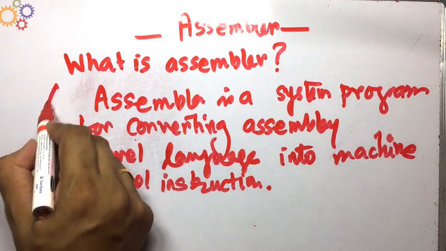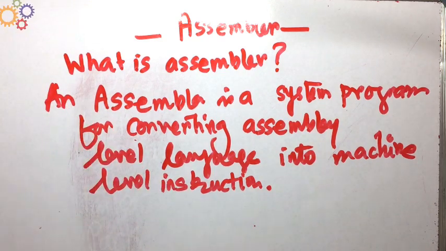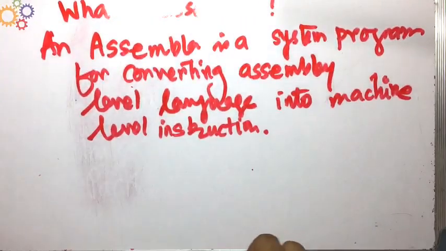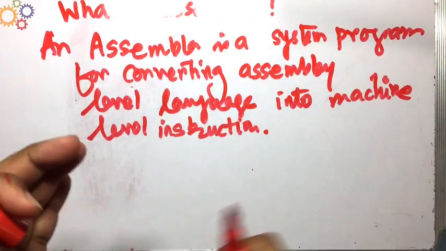An assembler is a system program for converting assembly level language into machine level language. It is used to convert assembly level language into machine level language.